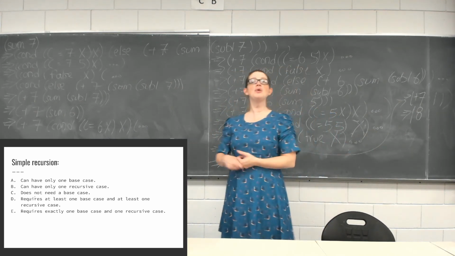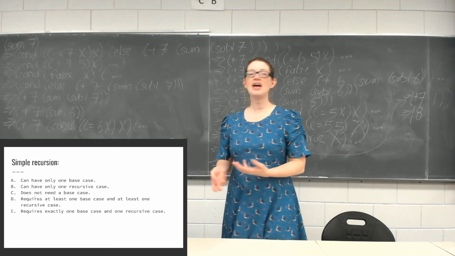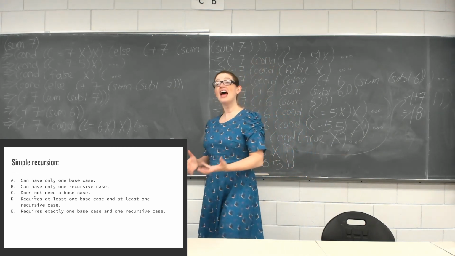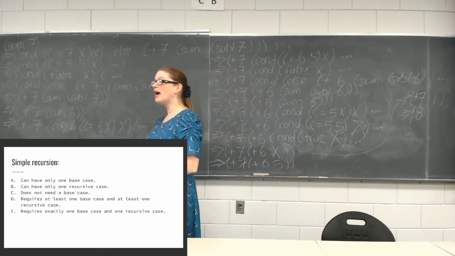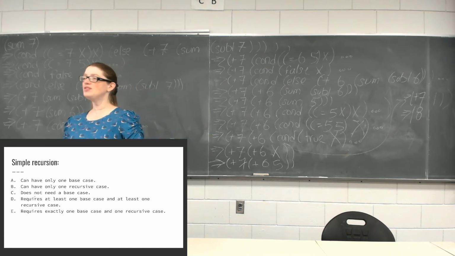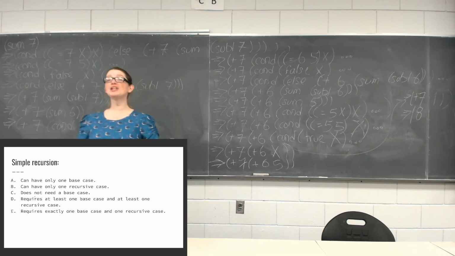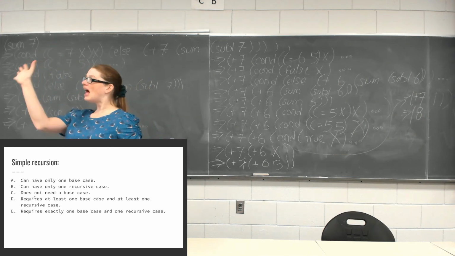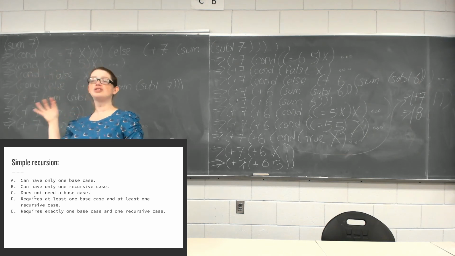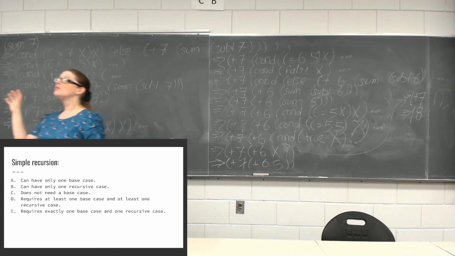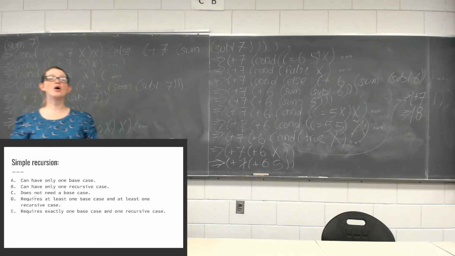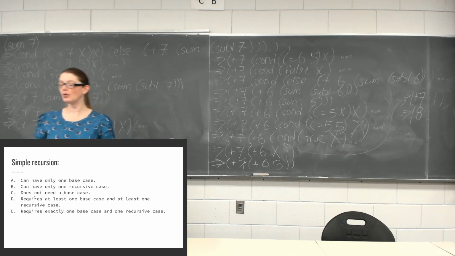So if I have no employees, then I'm going to produce empty. But if I have employees, then I am going to compute the taxes owed for the current employee, and I'm going to cons the list containing their name and the taxes owed onto the results of computing the taxes owed on my remaining employees.